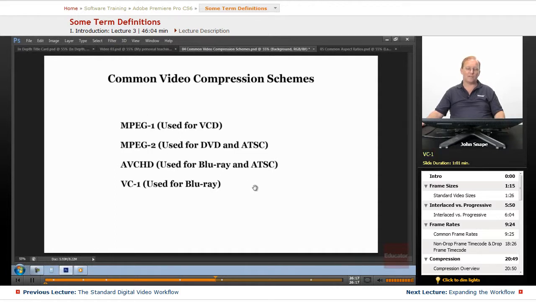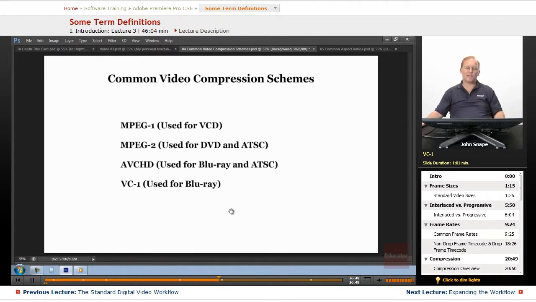And the VC1, it's only used for Blu-ray. It's just another compression scheme that's valid for Blu-ray. And it's not listed here, but if you have like a DSLR, that's going to use H.264 video, which is related to these, the AVCHD, but it's a little bit different.